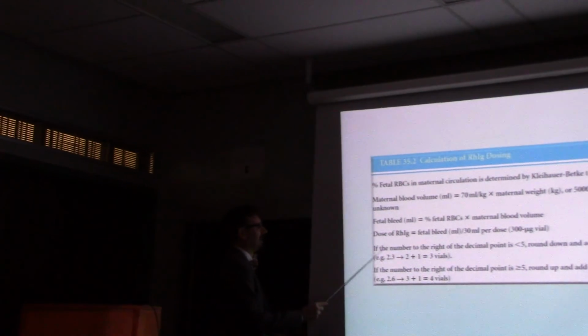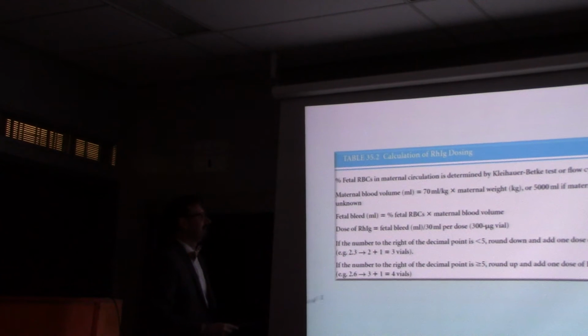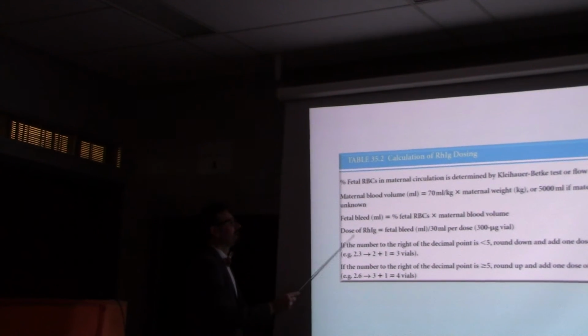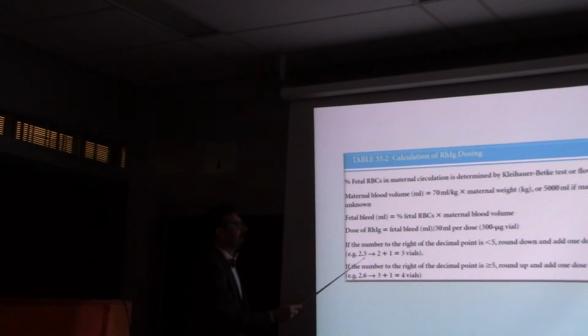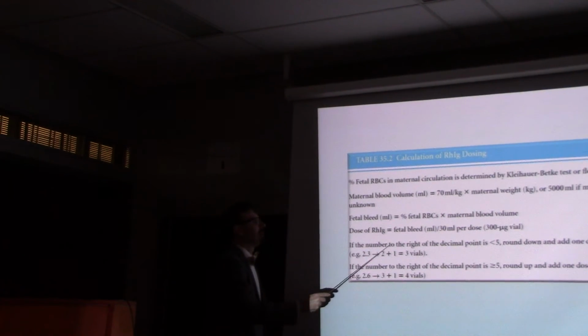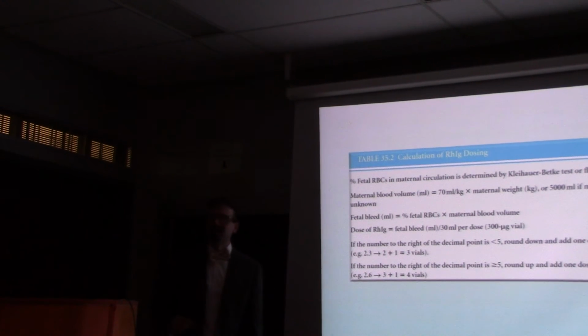So the fifth line down describes when you would increase it by 1. So if your dose of RhoGAM was 2.3, this 3 actually rounds down to a 0, and you add 1. So you get 3 vials. Got it?